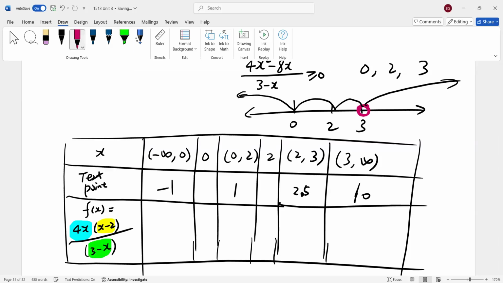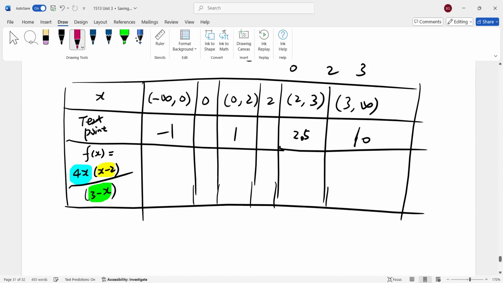Let's see the sign. Let's plug in -1. -1 makes the blue negative. Makes the yellow negative. Make the green, okay, you tell me. Make the green positive or negative? Positive.